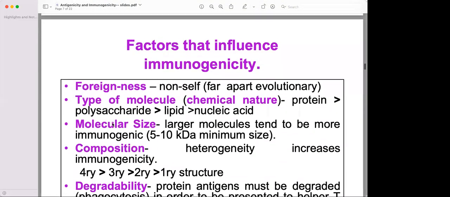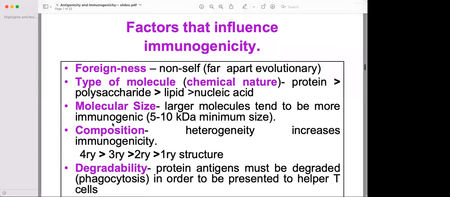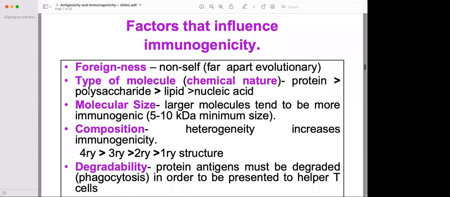So let's look at the factors which influence immunogenicity as our second learning objective. First, how foreign, in terms of evolutionary diversity, is that molecule from your body cell. Foreignness defines immunogenicity: how far apart evolutionarily that biological or infectious agent is from your body.